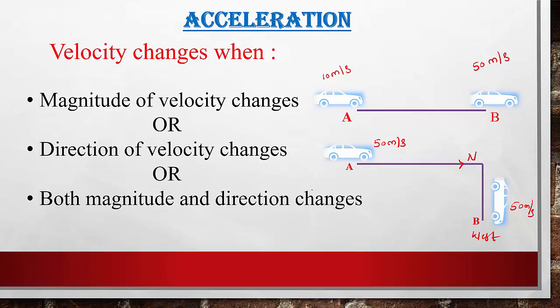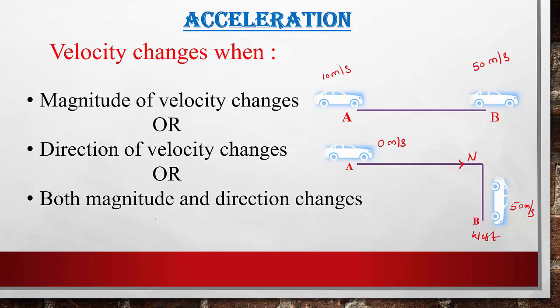Suppose initially the car is at rest, so velocity is 0. Then the car starts to move and reaches point B with velocity 50 meter per second. Here both magnitude and direction of the car are changing. So whenever velocity changes, we can say that the vehicle, that object, is accelerating.